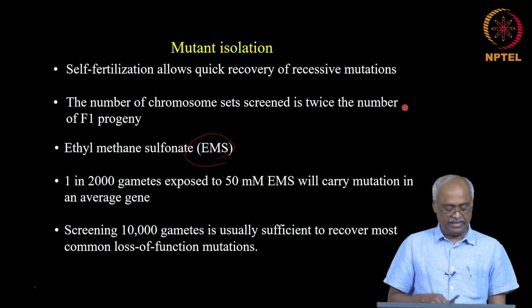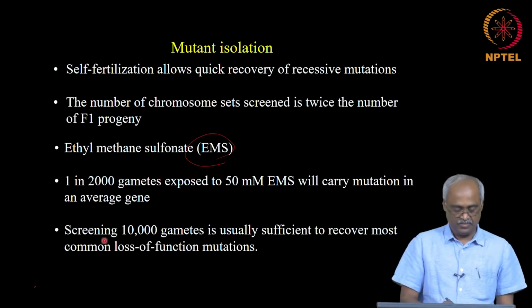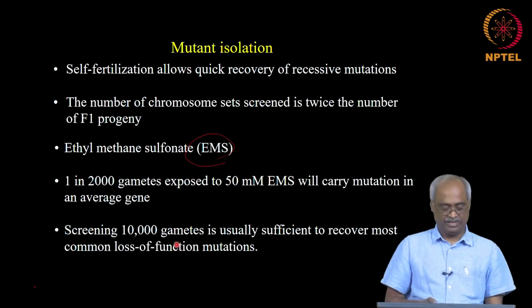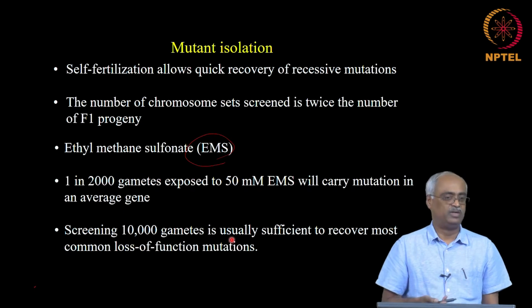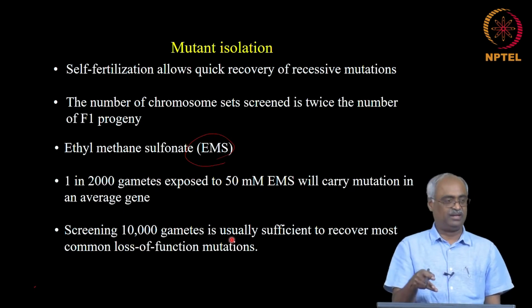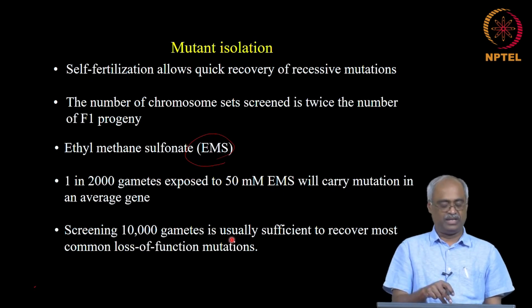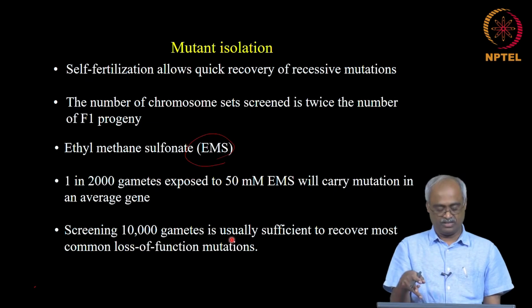And usually it is enough if you screen about 5,000 worms, like 10,000 gametes, to find the loss of function in any given gene, given its genome size and the fact that you have the ability to screen twice the number of chromosome sets per individual organism.